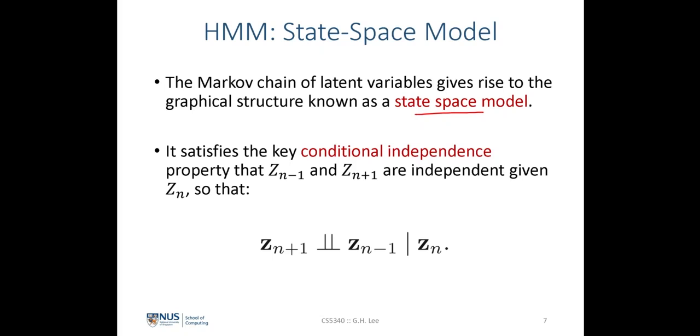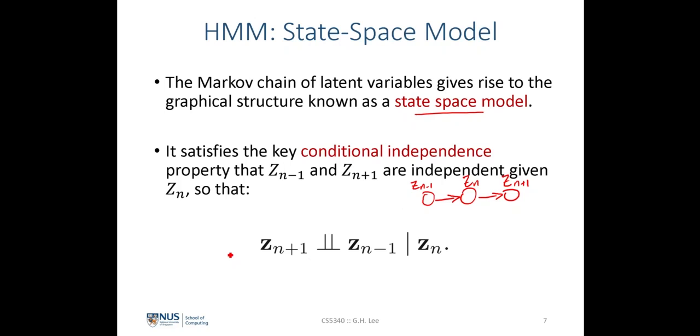And this state space model has to satisfy the key conditional independence property that Zn minus 1 and Zn plus 1 are independent given Zn. So this means that we are looking at a linear Markov chain where the latent random variable is given by this Markov chain, where this is Zn minus 1, Zn, and this is Zn plus 1.